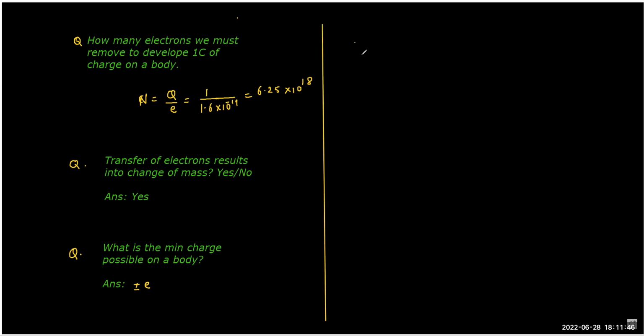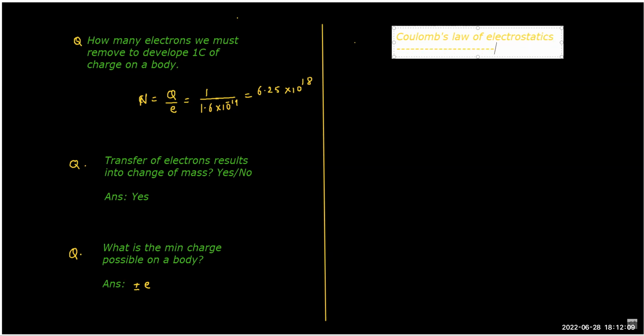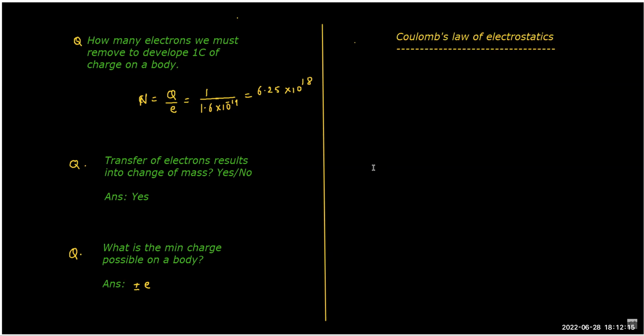Okay. So these are just a few questions based on what we discussed in the last class. And now we really need to start Coulomb's law. So let's begin. Maybe from high school physics, you may be aware of Coulomb's law.